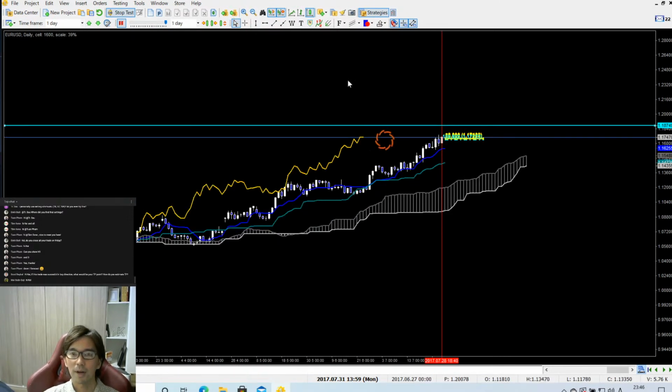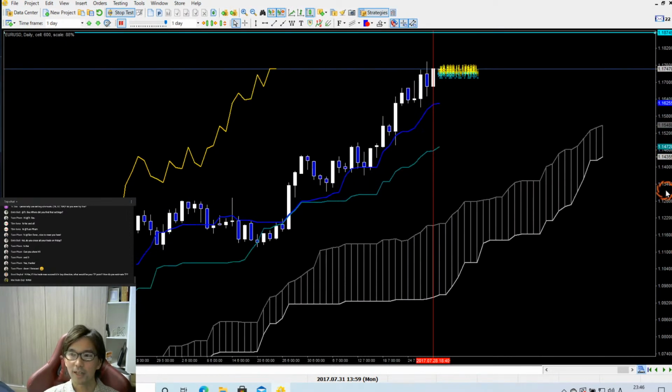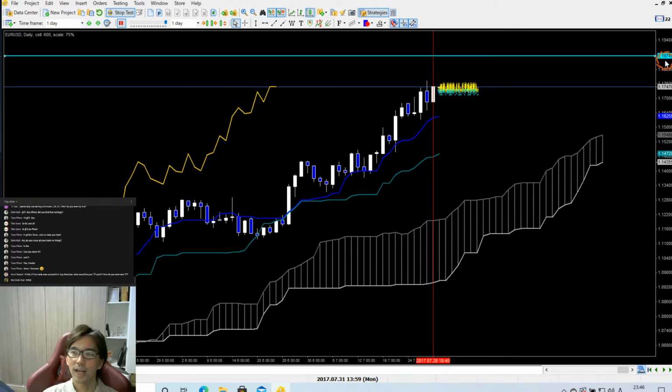So as per the daily chart, as for the fixed target, this would be the one: 1.18749 is the fixed target. But usually when it comes to target, I don't set a fixed target because I want to see if the market goes up this way, and if the market reaches the target, I want to see if the Kijun-sen still goes up and the Kumo still goes up.